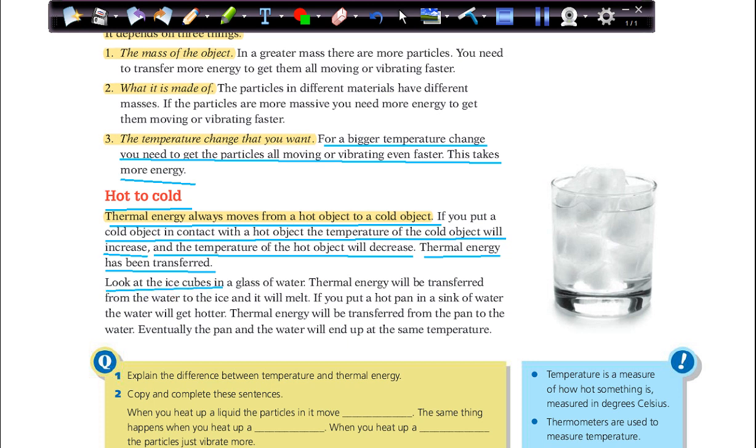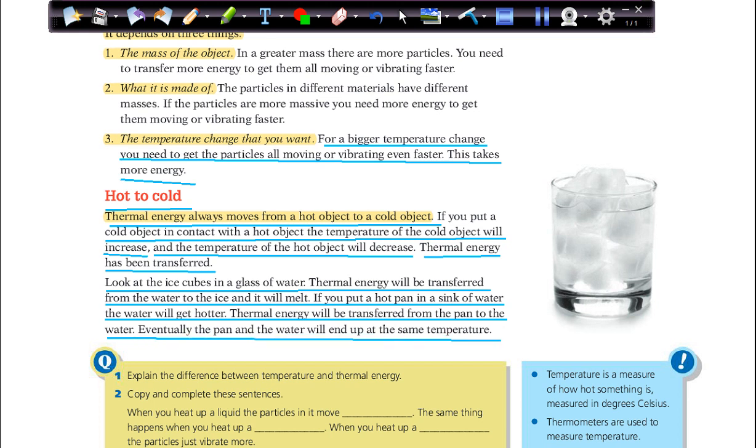Look at the ice cubes in a glass of water. Thermal energy will be transferred from the water to the ice, and it will melt. If you put a hot pan in a sink of water, the water will get hotter. Thermal energy will be transferred from the pan to the water. Eventually, the pan and water will end up at the same temperature.